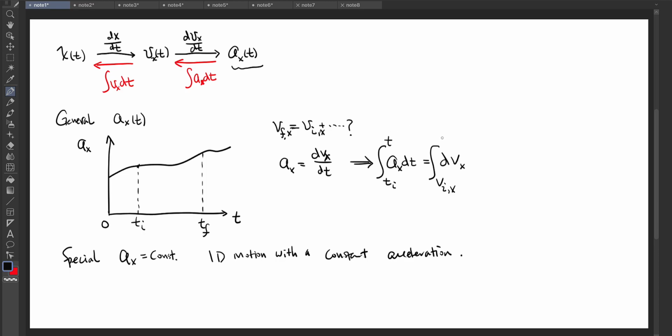And the final velocity, again, let's not put that in. Instead, we call it vx here as some general arbitrary instant after ti. We can also change the variable, especially for this dt here, because we have t to represent the final velocity.